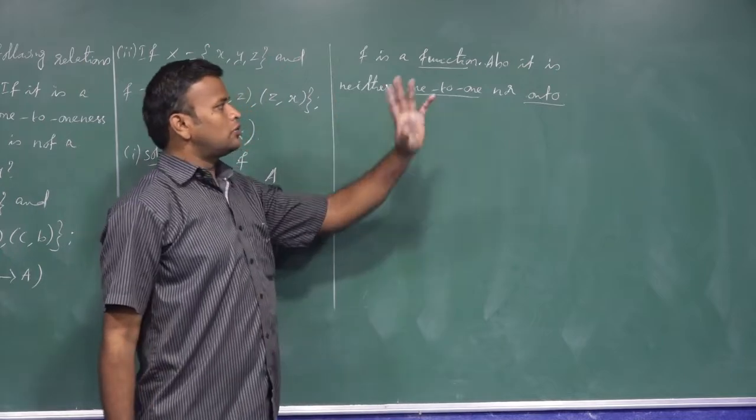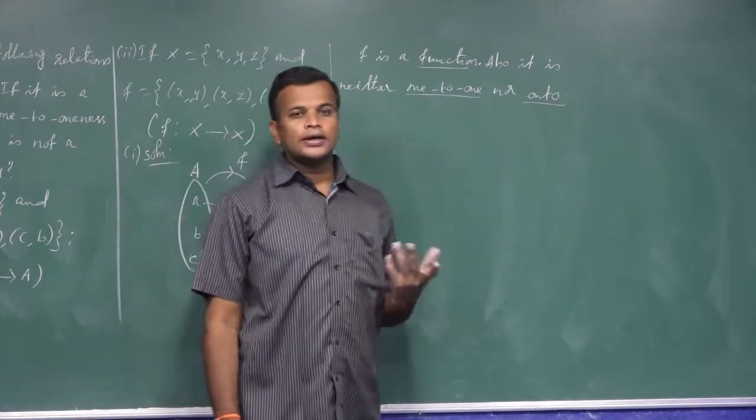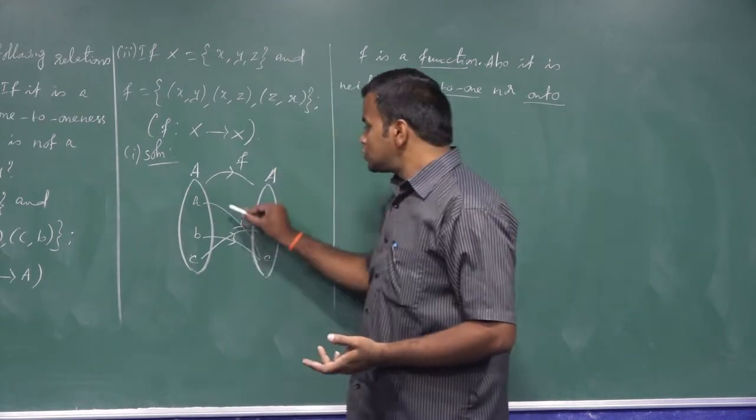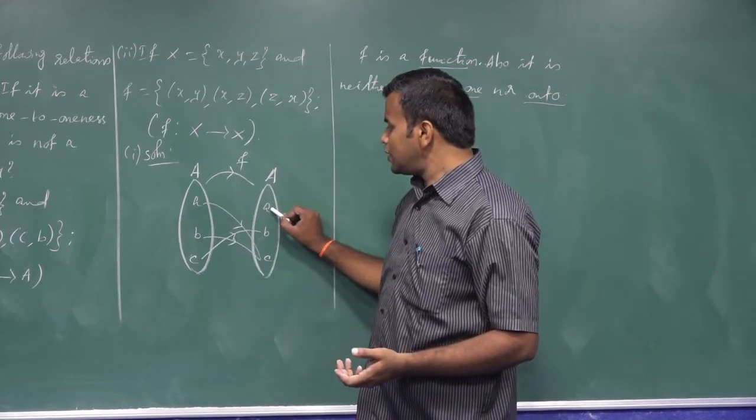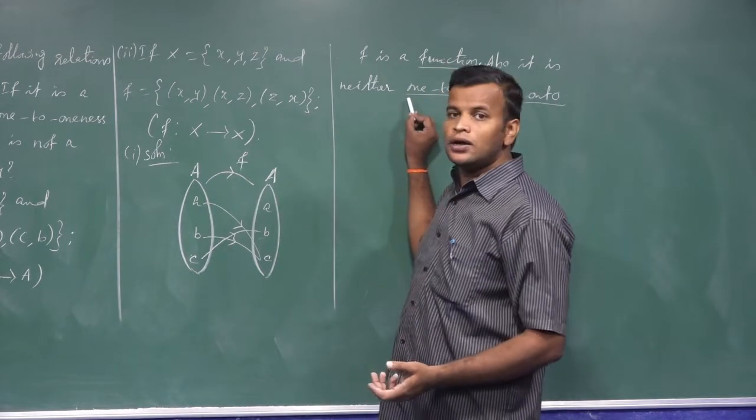So, the first subdivision is over. We already told the reason: because these two elements have the same image, and the element here has no pre-image. So, it is a function and is neither one-to-one nor onto.